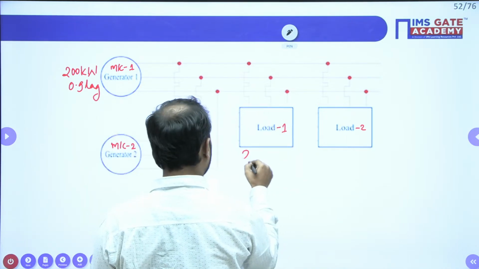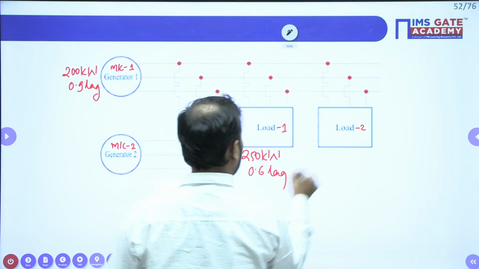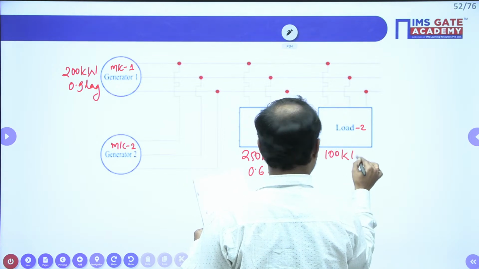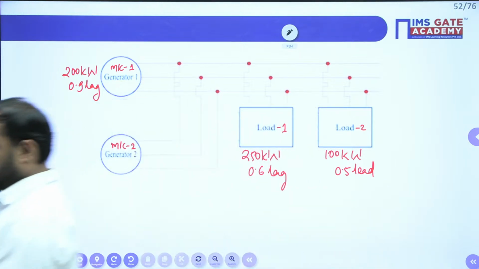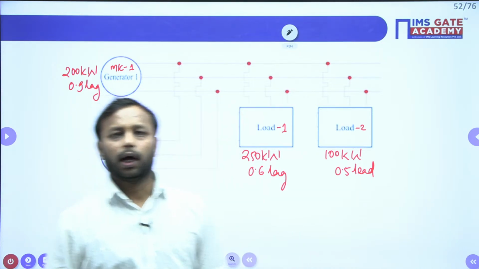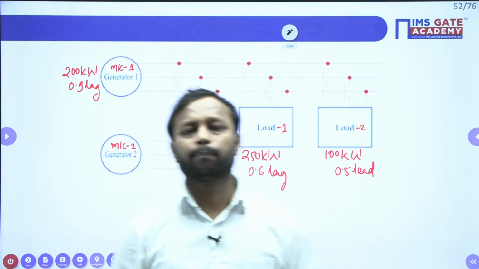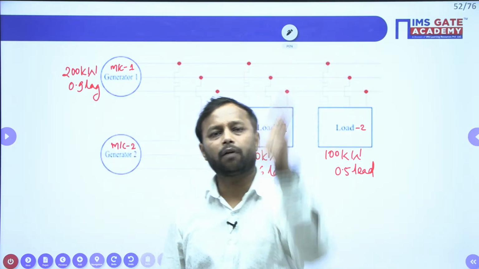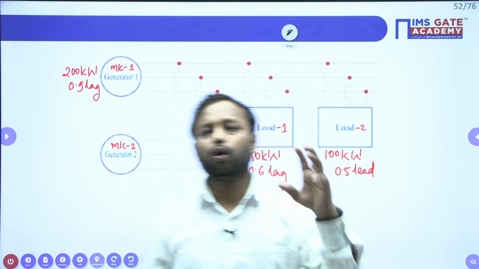Load 1 is given as 250 kilowatt, 0.6 lag, and load 2 is 100 kilowatt, and this is at 0.5 lead. Okay, done. Now one thing for sure, the complex power supplied by both the generators is equal to the complex load power. Means whatever complex power is being generated by the alternators will be equal to the load complex power.